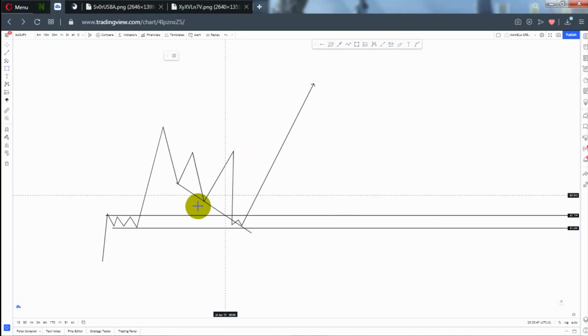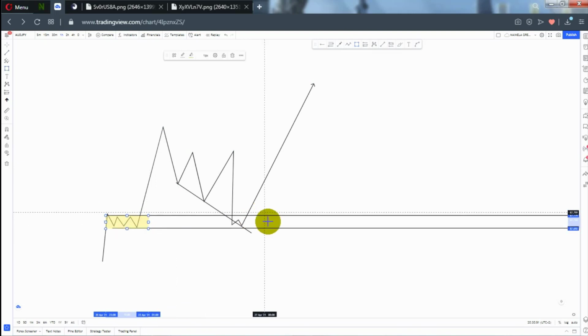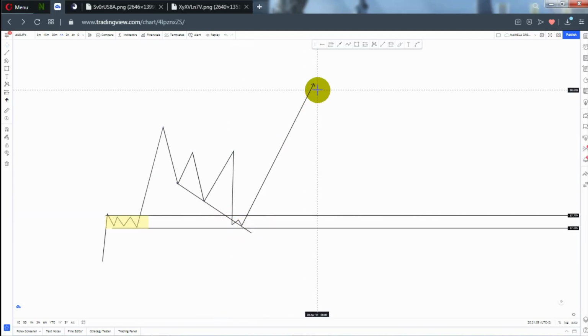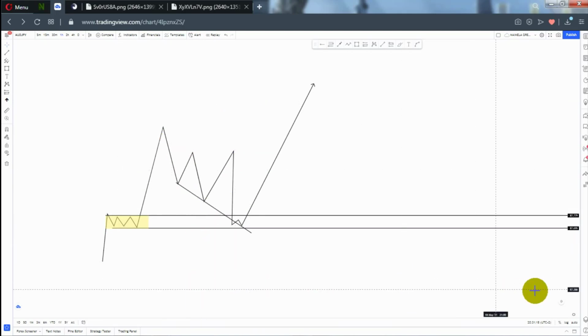Then you know that this is your reversal zone. This is where you anticipate the market to reverse, meaning that you're not going to buy anywhere around here. You wait for them to come to your base here, which is a demand zone. Then they will give you the third touch to the trend line, then a pattern. This is where you buy the market. This is what we call the 3D drive. So let's go to the real chart and try to find these patterns.